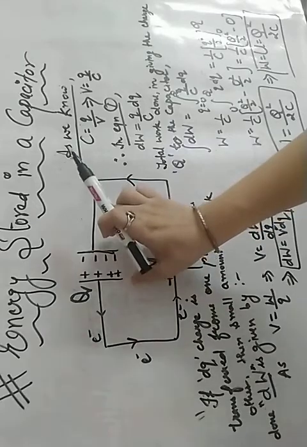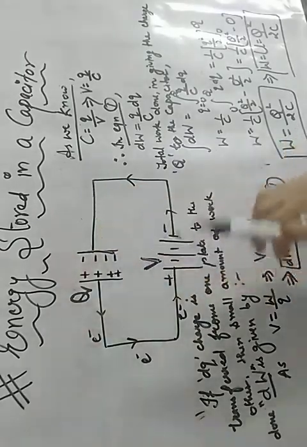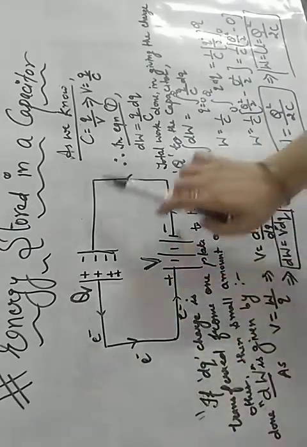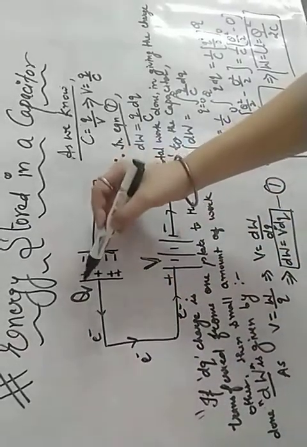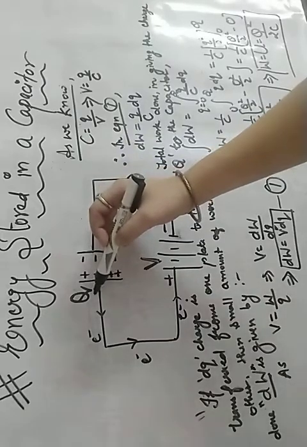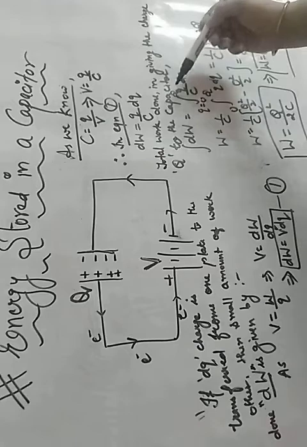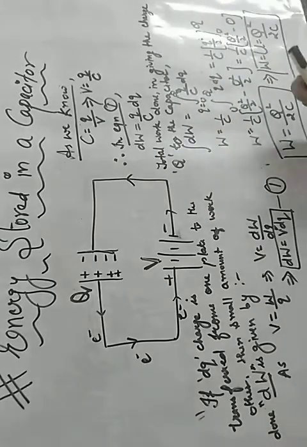As we switch on the battery, it will start moving the charges from one plate to another, and we want the capacitor to be charged up to store maximum charge, that is capital Q. So the upper limit will become capital Q.